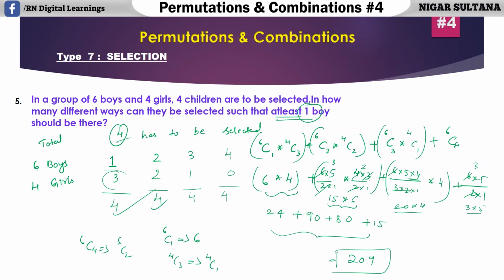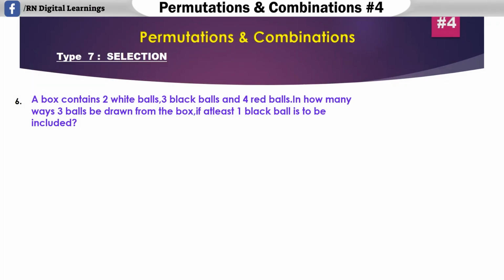Now let's move on to the next problem. Our last problem of this video. A box contains 2 white balls, 3 black balls and 4 red balls. In how many ways can 3 balls be drawn from the box if at least 1 black ball is to be included? Now a box contains how many white balls? 2 white balls.